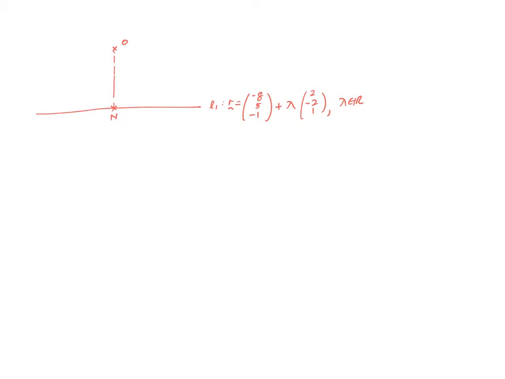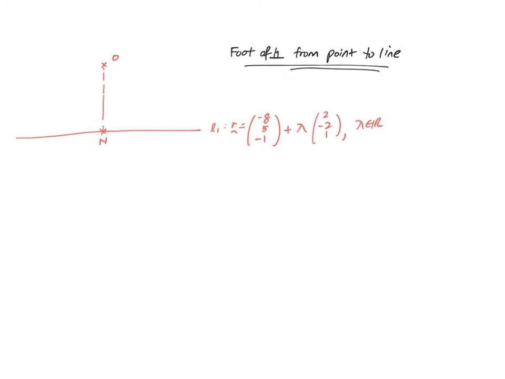This is a very standard foot of the perpendicular question. Classifying on the topic, it is the foot of the perpendicular from a point to a line. If you're not sure, go to the notes and revise this category, the relationship between a point and a line.